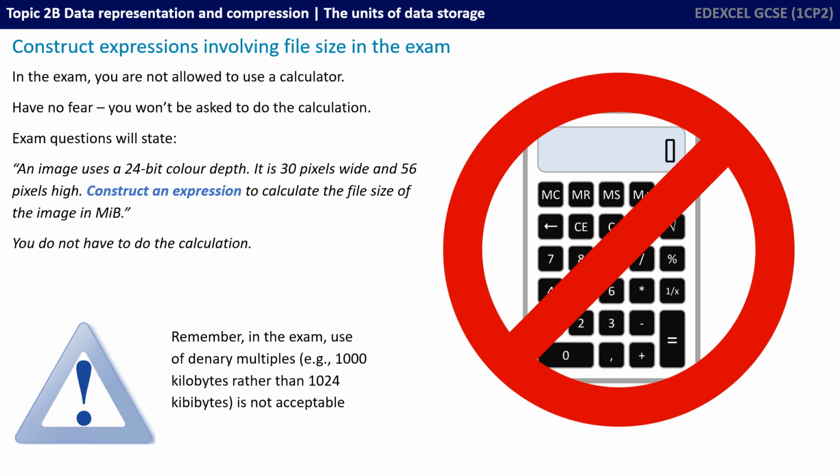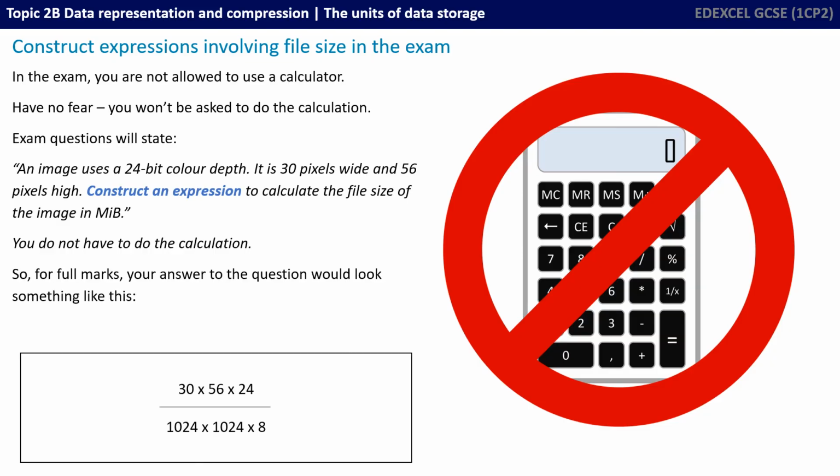Now remember, in the exam, use of denary multipliers, e.g. 1,000 kilobytes rather than 1,024 kibibytes, is not acceptable. So you're only going to have to construct the expression and not perform the actual calculation manually on pen and paper. So your answer to the question might look something like this for full marks.